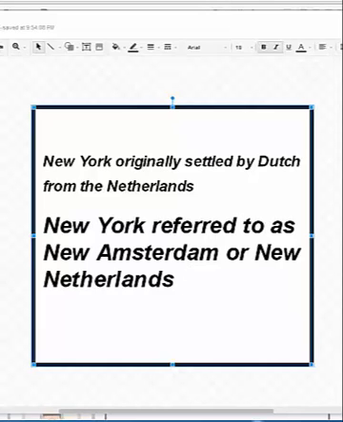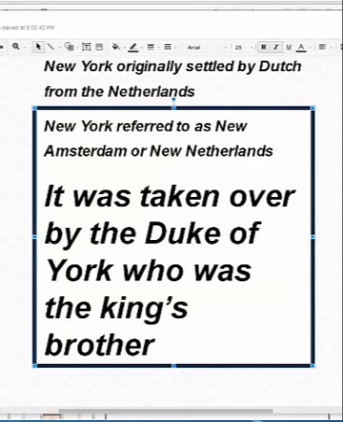So when the colonies were first forming, New York's first name was New Amsterdam or New Netherlands. It was taken over by the Duke of York, who was the king's brother, and renamed New York.